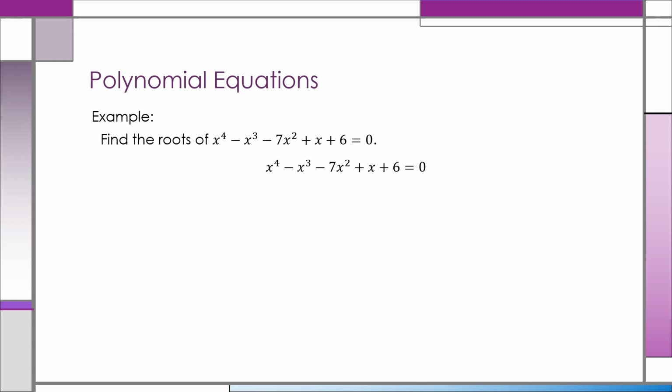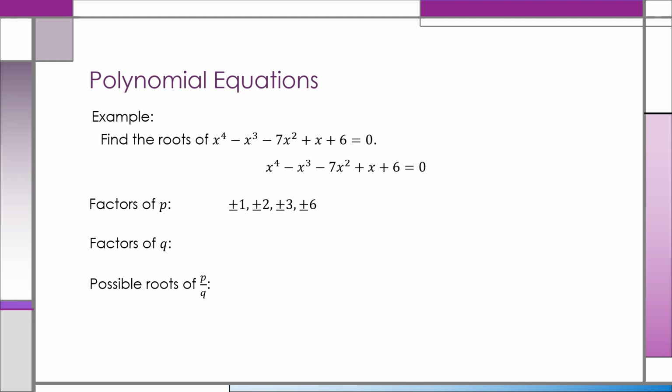Now, our first step here is to find out the factors of P, factors of Q, and of course the possible roots of P over Q. The factors of P will be focusing only on the constant. So the factors of P will be positive negative 1, positive negative 2, positive negative 3, and positive negative 6.